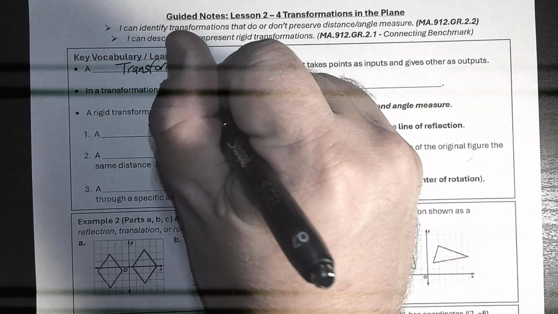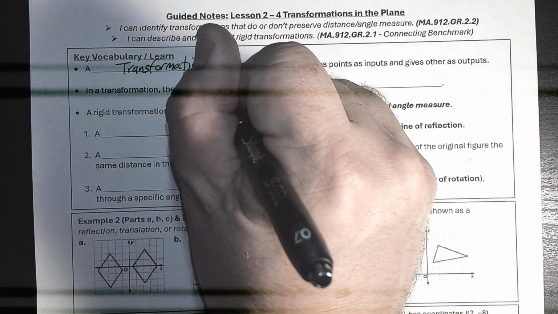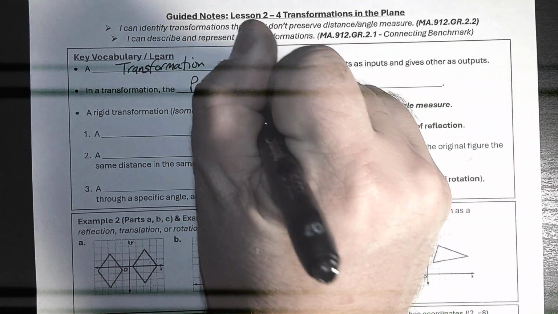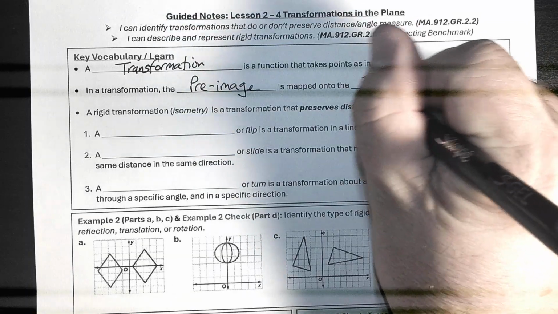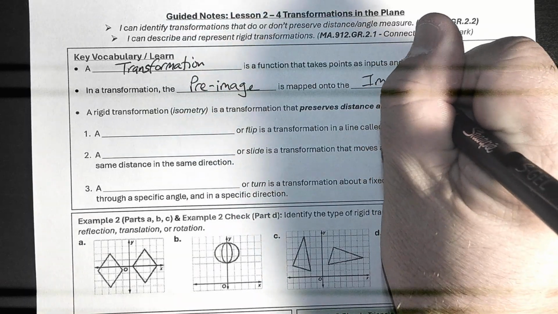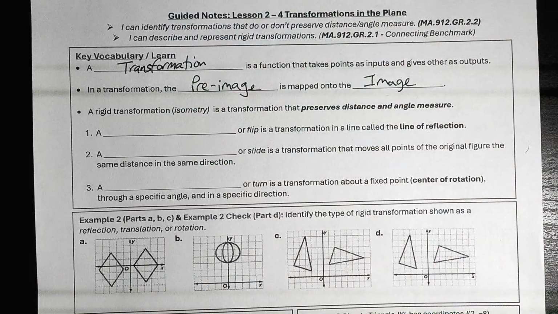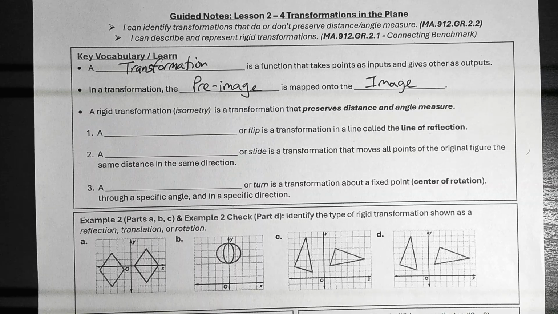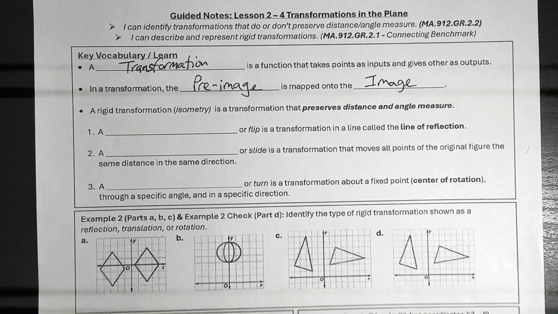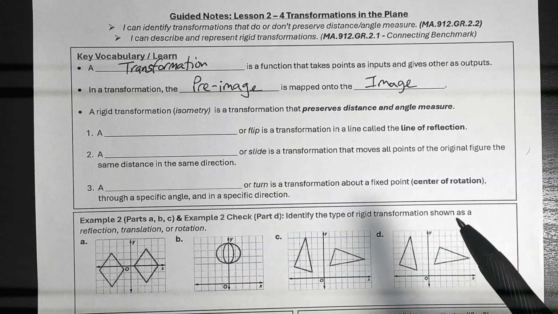Okay, so now next word. Sorry, I should have been writing, and instead I was talking. All right, so in a transformation, the pre-image is mapped onto the image. So the pre-image is what you start with, and the image is what you end with.